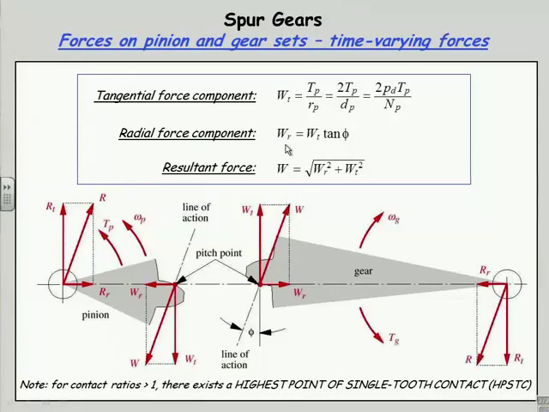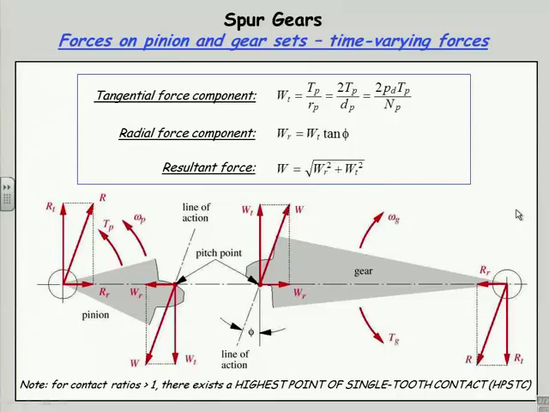So I can calculate that big W from the components WR and WT, and WR is simply WT tan phi, and big W without the subscript is just the Pythagorean theorem on the two components.